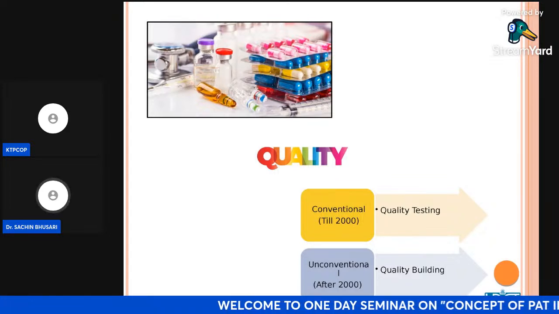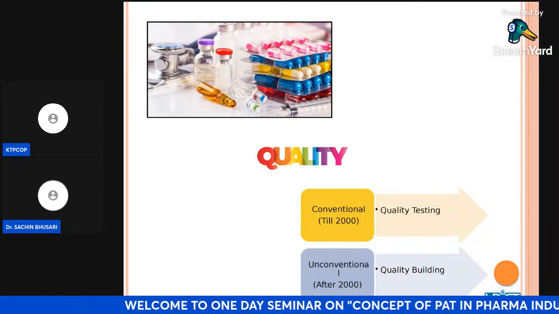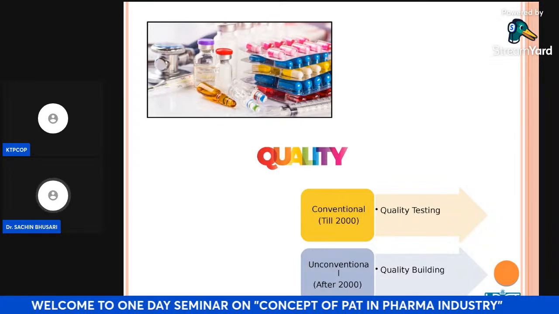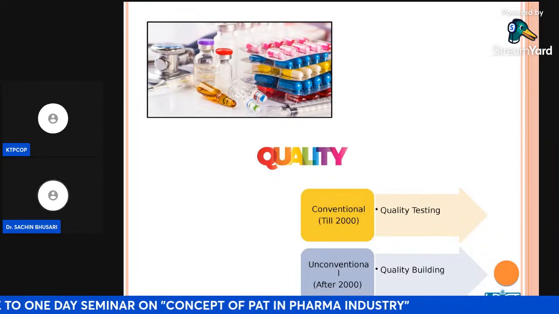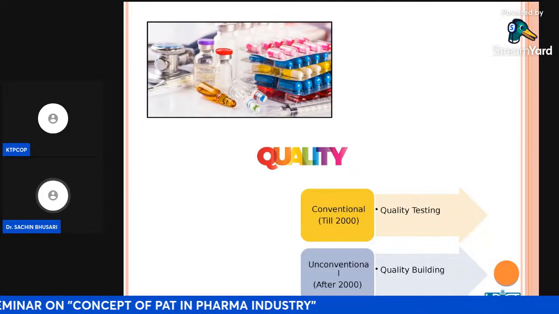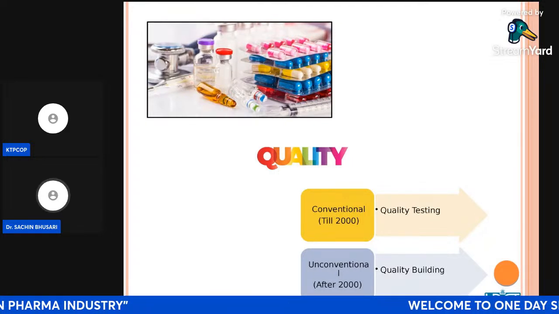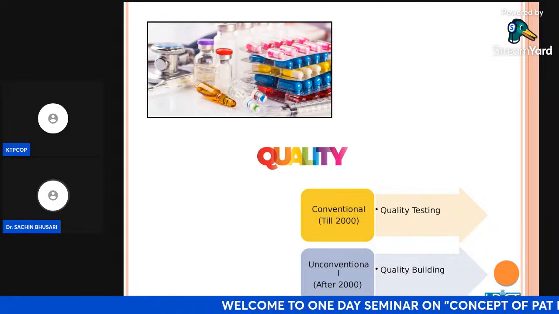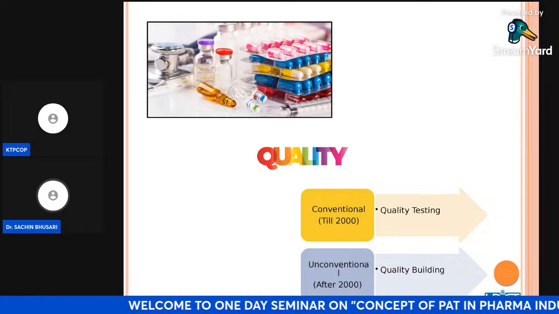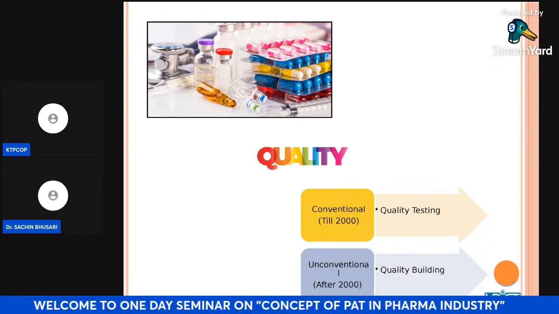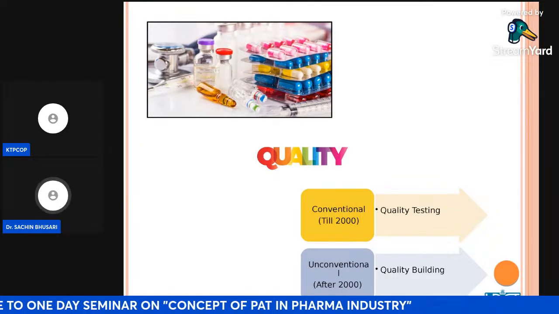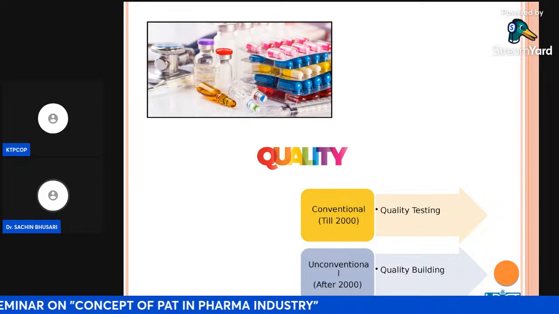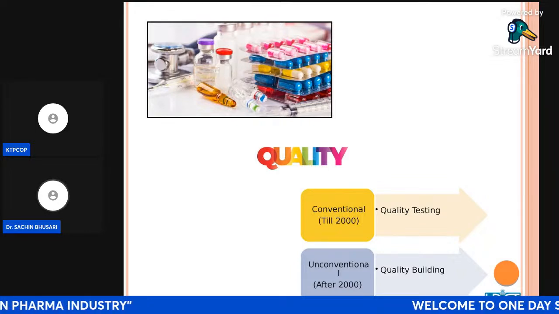Till 2000, it was the basic concept to test the product for its quality intermediately as well as at the end. But in the last 23, 24 years, the scene is entirely different. Now, in the unconventional part of this quality consciousness, we are more towards quality building. We are trying to build the quality into the preparation, not testing the quality, not controlling the quality. And that was the origin of PAT.